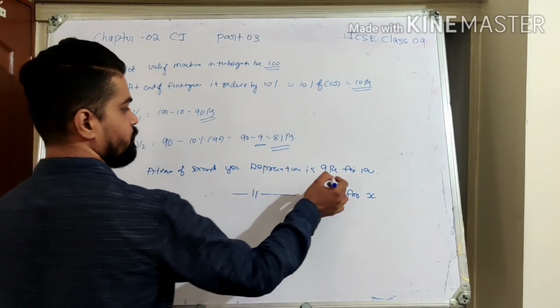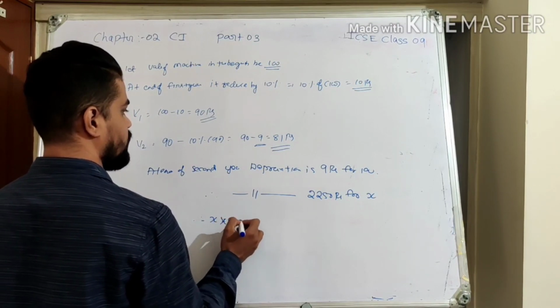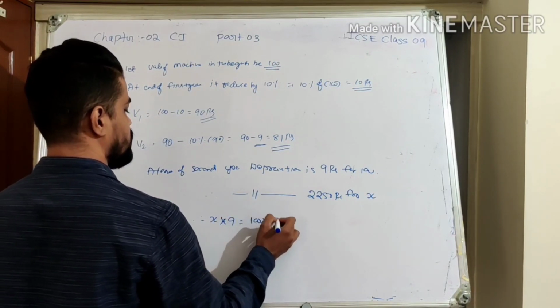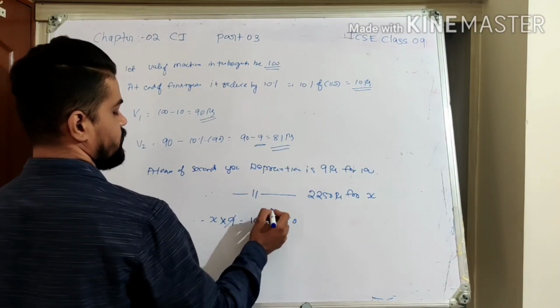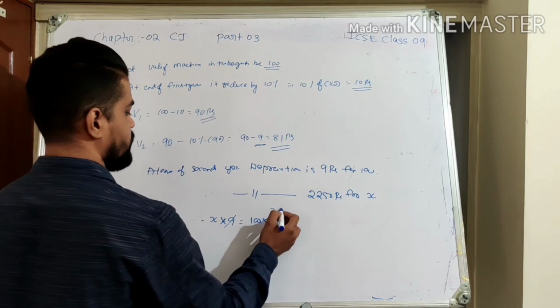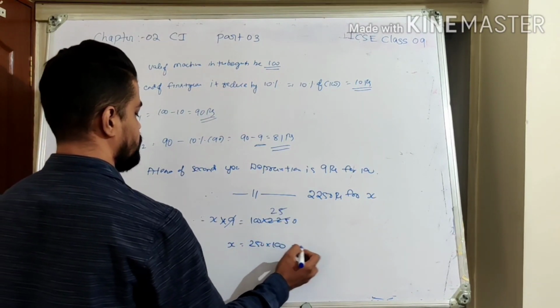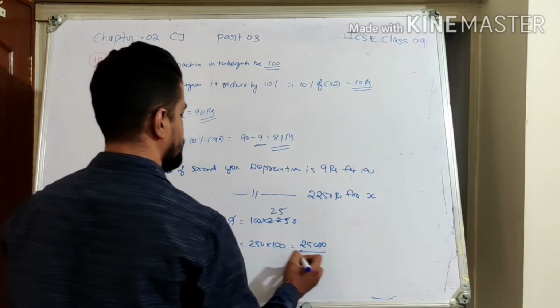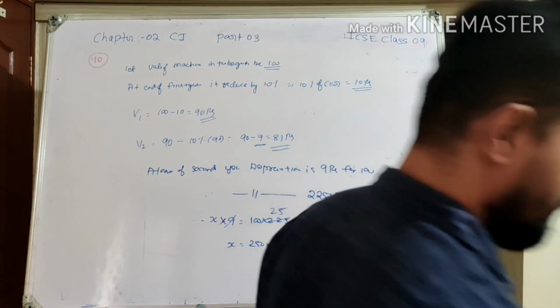Then what will you do? We cross multiply. So X into 9 is equal to 100 into 2,250. So 9 ones are 9, 2s are 18, 9 5s are 45. So X is equal to 250 into 100, which is going to be 25,000. Okay. So that is the value of the machine.